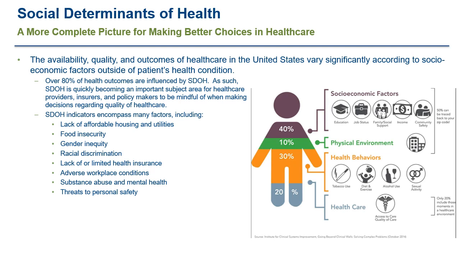Lack of health insurance can have a negative impact on the kinds of decisions a patient might make because they feel that they can't afford it. Personal safety threats can be an issue if you are put into a situation where you might be physically assaulted, or something of that type might happen to you.